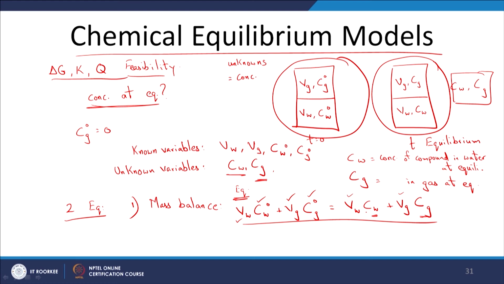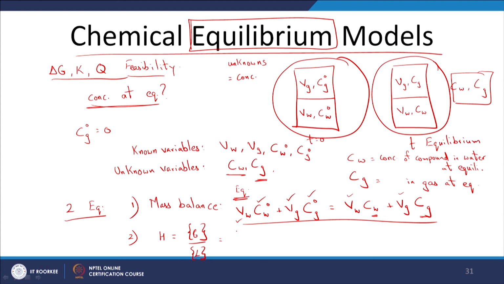The key is that this is an equilibrium model. So, the equilibrium between the gaseous and the aqueous phase is something we need to consider. And we know that Henry's constant is going to give us the ratio of the activity of the compound in the gaseous phase to the liquid phase.